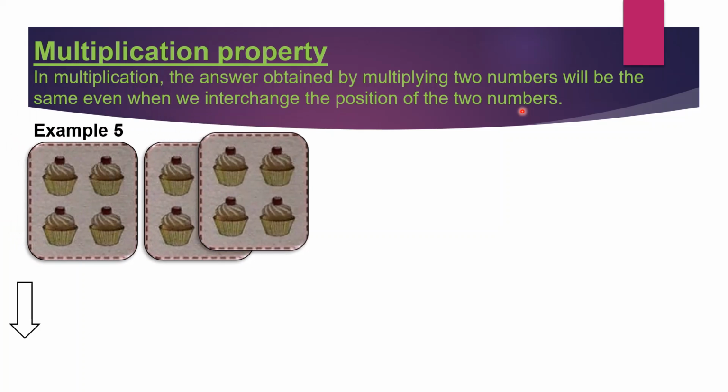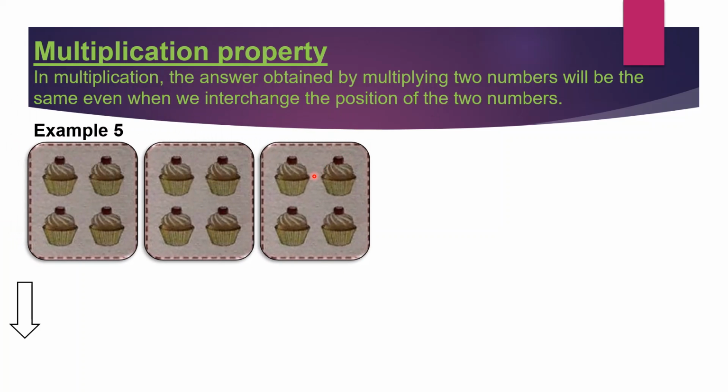So what is in the picture? These are cupcakes. How many groups do we have? 1, 2, 3. So there are 3 groups.